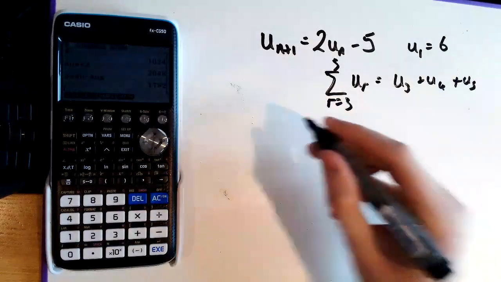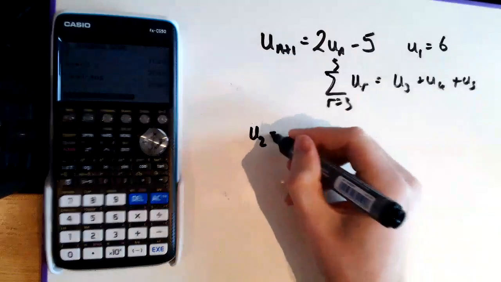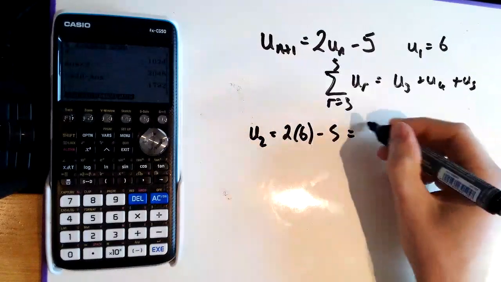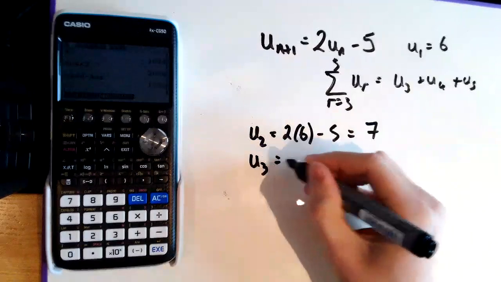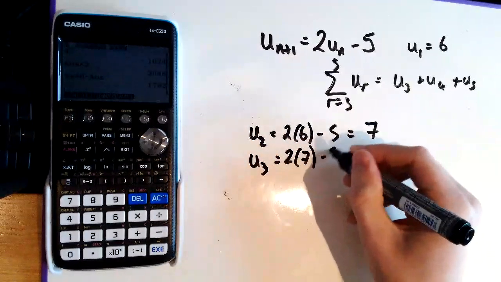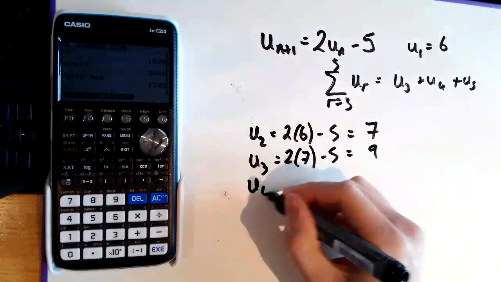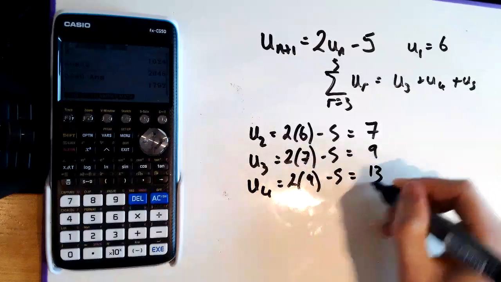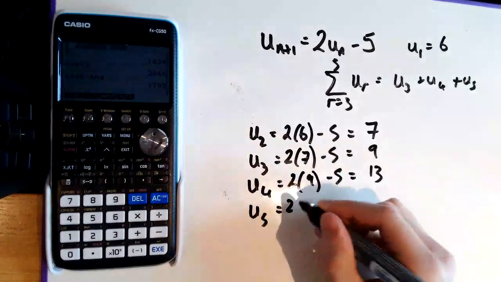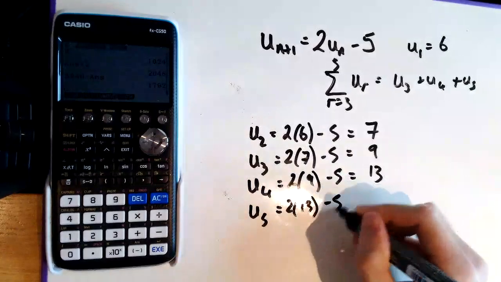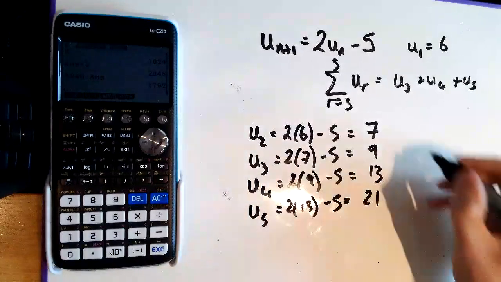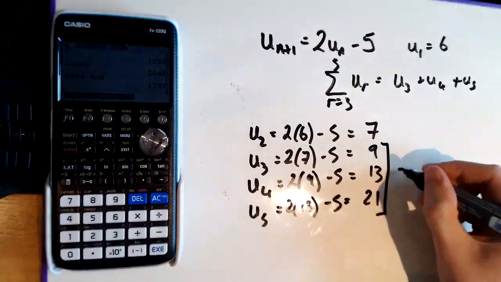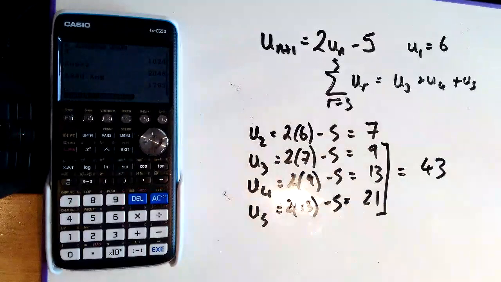So I've got u1 is 6, so u2, I'll put 6 into there, so it's 2 times 6, take away 5, which gives me 7. u3, I do 2 times 7, take away 5 gives me 9. u4, 2 times 9, take away 5 is 13. And u5, 2 times 13, take away 5 gives me 21. And I add together u3 to u5, so these added together gives me 43.